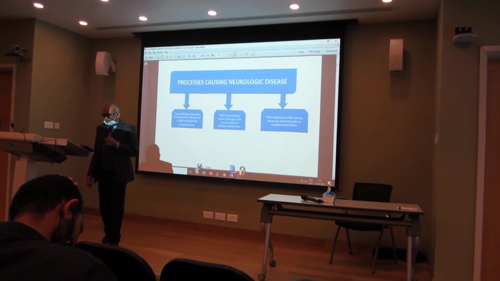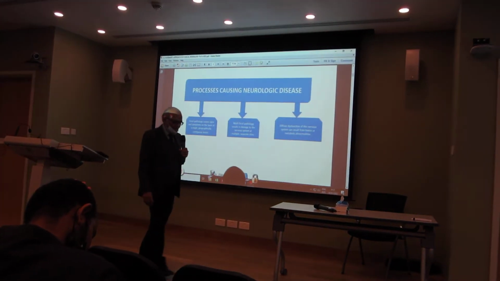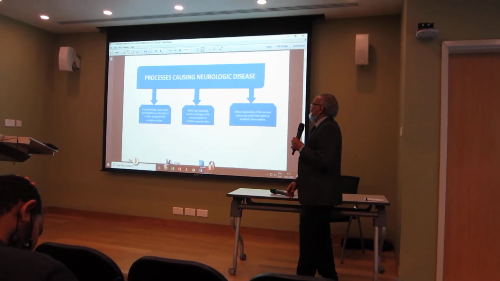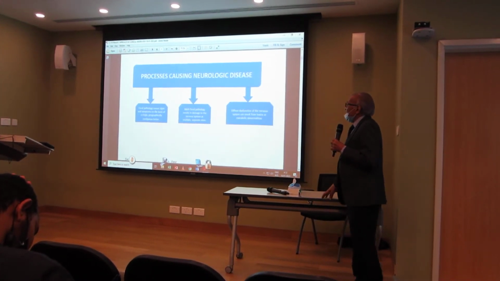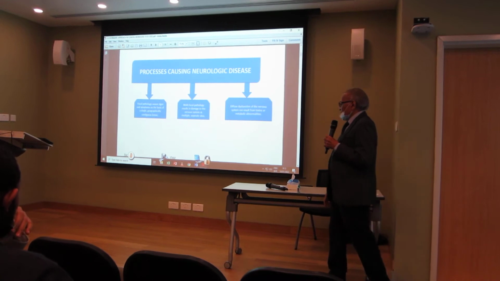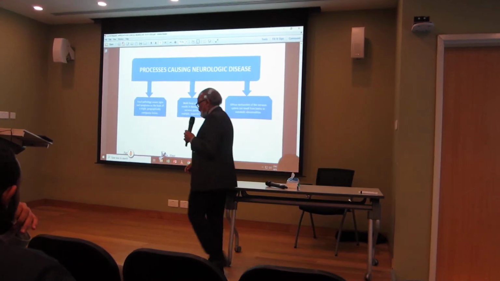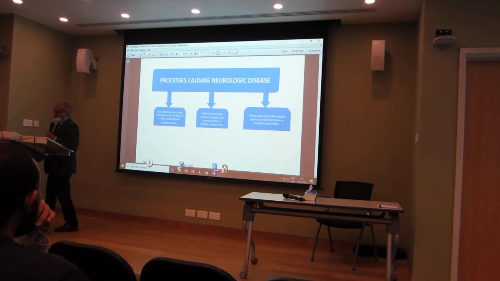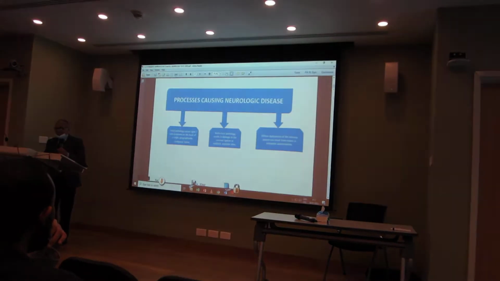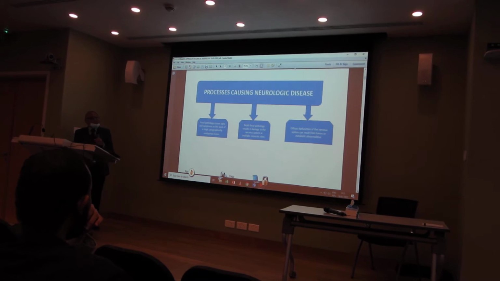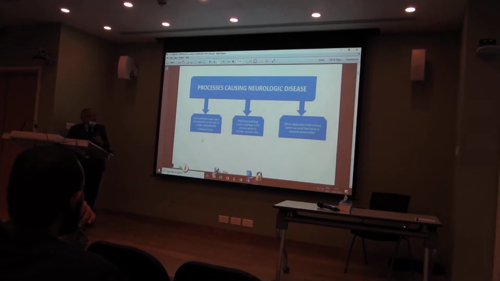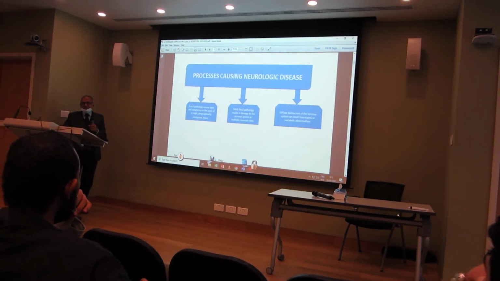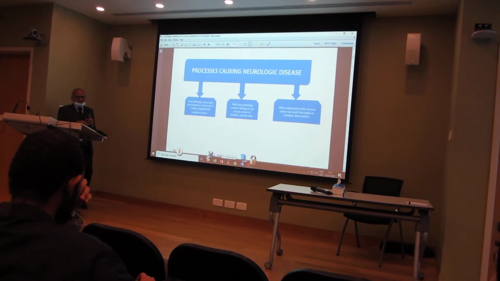Now whenever there is some problem with the brain, that means neurological problems, we can follow this basic principle, and this is number one. We can look for signs and symptoms which can lead to focal changes. Focal means at a localized place.